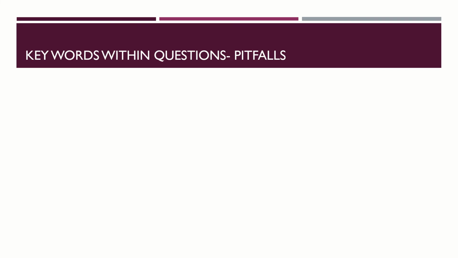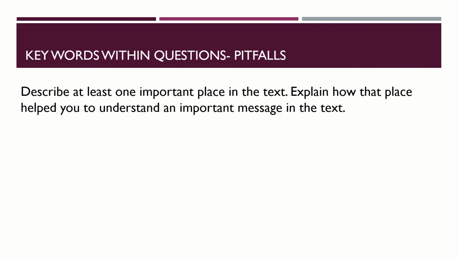The first thing that you need to do when you choose an essay question is to find the key words and look out for the pitfalls, so potential problems. So let's take this question, for example. Describe at least one important place in the text. Explain how that place helped you to understand an important message.